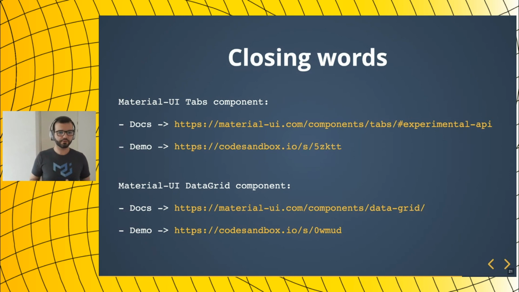But if that's not enough for you, you can even go one step further. We also have a component called data grid. That one also uses context extensively under the hood. And that one also has an enterprise version called xgrid that also exports an API context, so that people can actually use it and provide a comprehensive public API for developers to use.